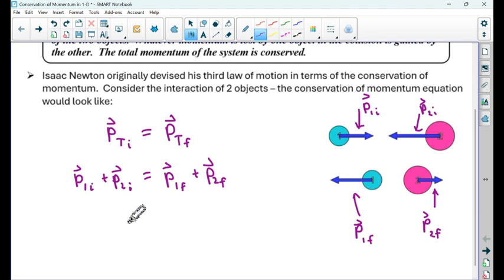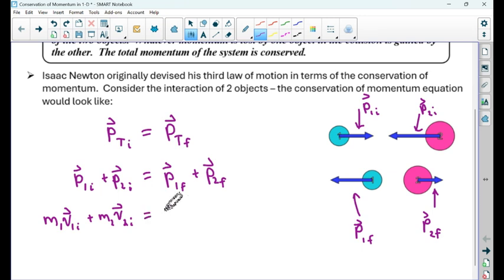I could break this down even further, right? Momentum for object one is actually the mass of object one times the velocity of object one. Now that is the initial velocity, of course, and the mass of object two times the velocity of object two, initial.